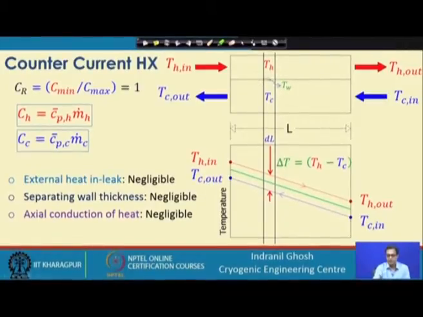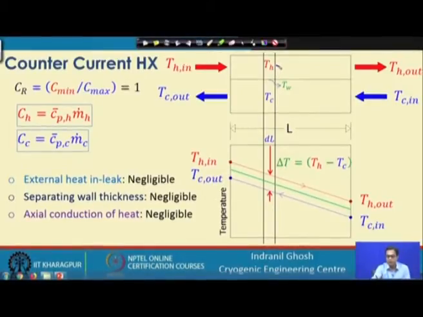The wall has a temperature gradient, but we are not assuming any heat flowing from one end of the wall to the other end; we are only assuming heat flow from the hot fluid to the cold fluid. That is the assumption: axial conduction heat is negligible. So, now what will happen?